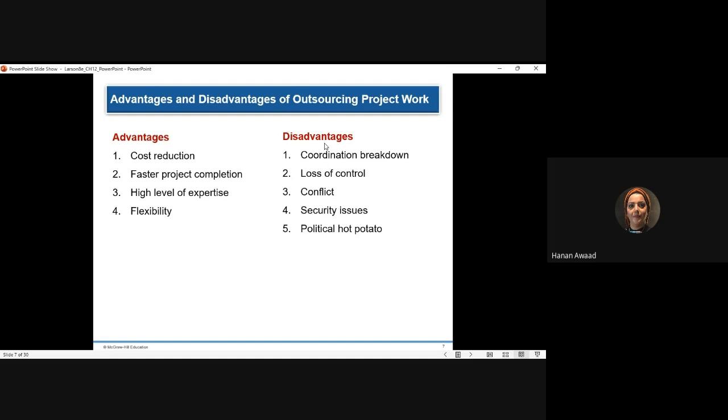Even if they sign NDAs and they sign the contracts, still there is a risk of some information security breaches. Sometimes we have some office politics, you know, some drama of managing subcontractors.